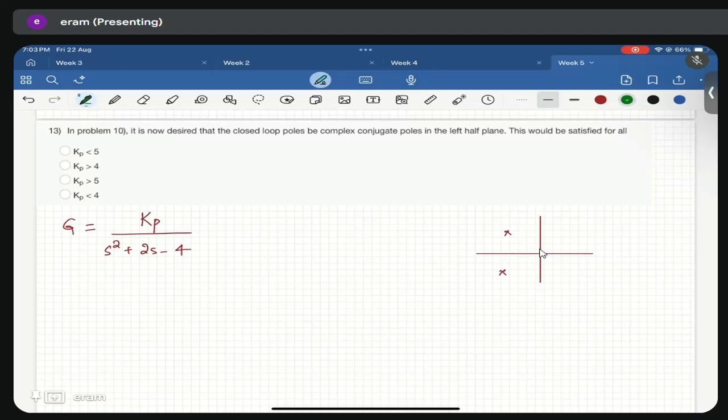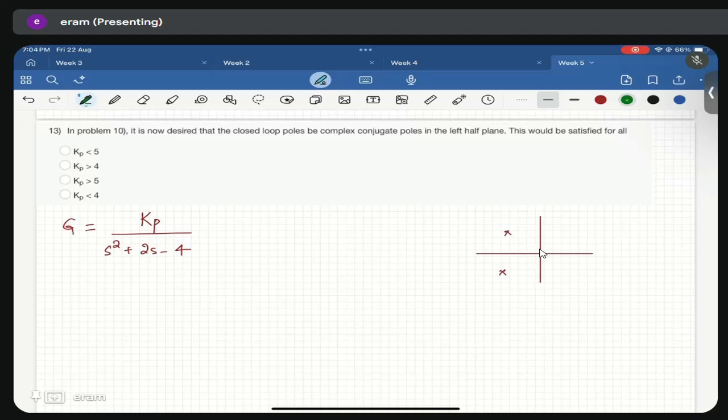Routh-Hurwitz and a zero row we have to create, I think. For Kp greater than 5.